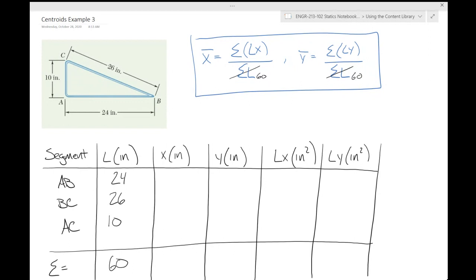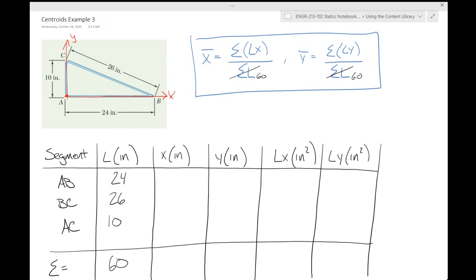What I tend to do is put the origin at the lower leftmost corner. So I'll say, for instance, that's the origin. This is the y-axis, and this is the x-axis. I tend to do that just to make my life a little easier. All the distances are either positive or zero, so it makes the math a little easier to handle.